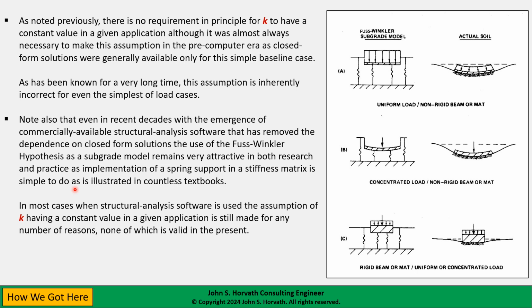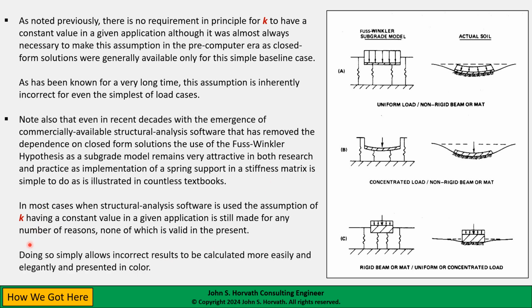So in most cases, when structural analysis software is used, the assumption of K having a constant value in a given application is still made for any number of reasons, unfortunately none of which is valid anymore. So if you assume a constant value of K in structural analysis software, doing this simply allows you to calculate results more easily and elegantly and present them in many different colors.